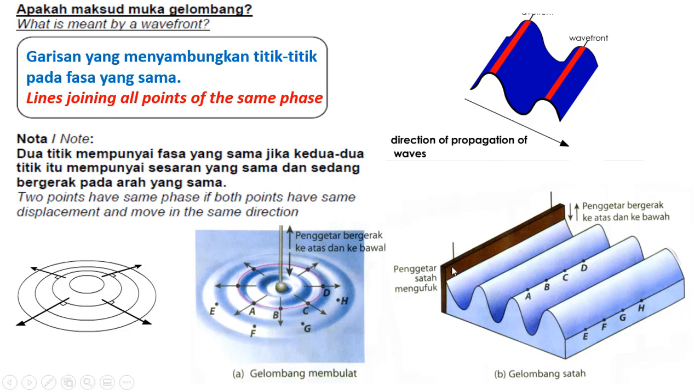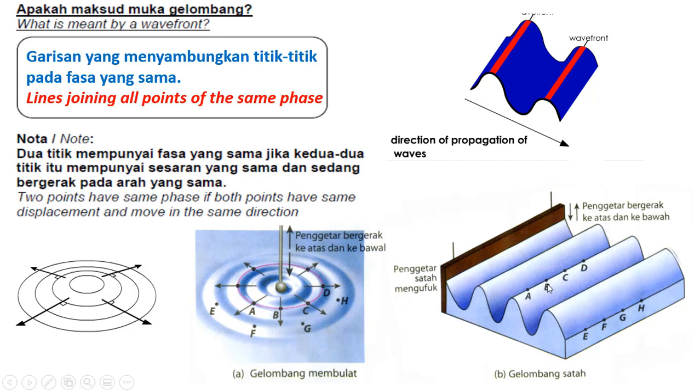So the next one, we have a plane vibrator. When we vibrate it, it will produce a wavefront, and when we look from the top, it is a straight line. So we call it a plane wave.